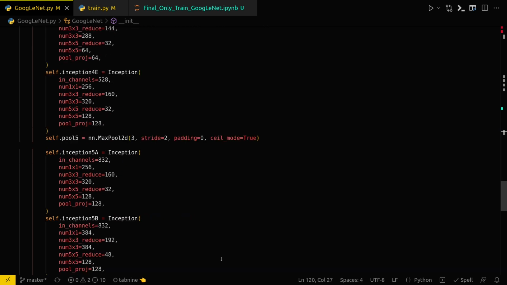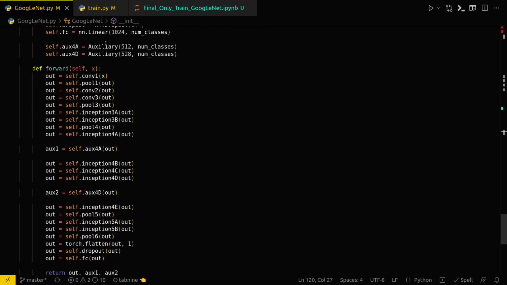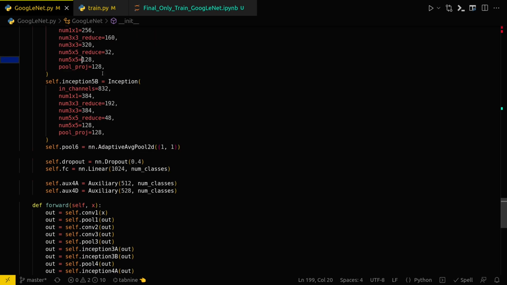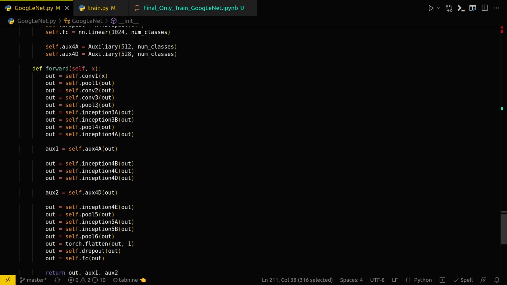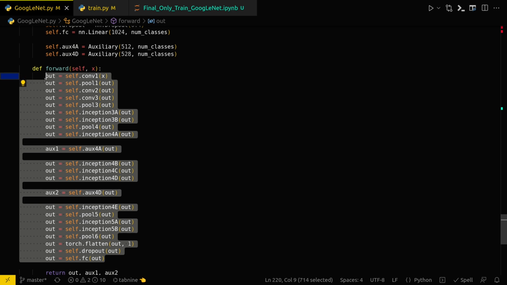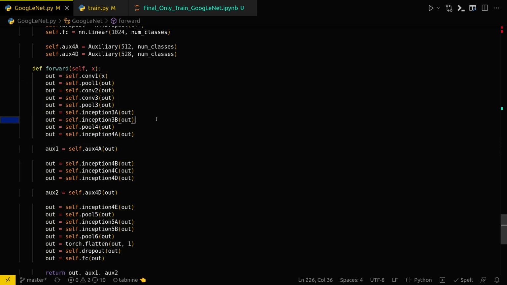So now I have to do the forward function, implementing all of them one by one. That is, all this architecture that I built, I have to invoke one by one in the forward function, where the output of the previous layer will go to the input of the next layer. You just have to be careful while implementing these structures. Otherwise, these lines of code are very simple. There's no complexity here.